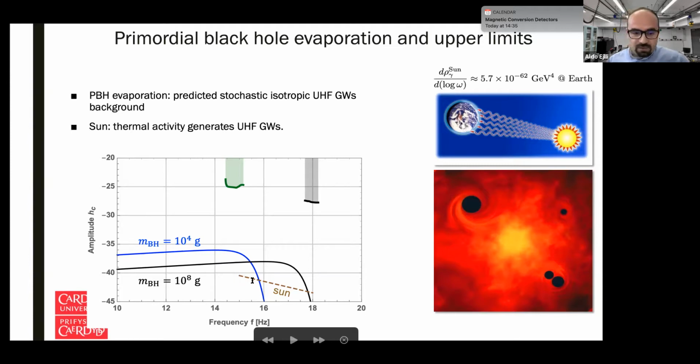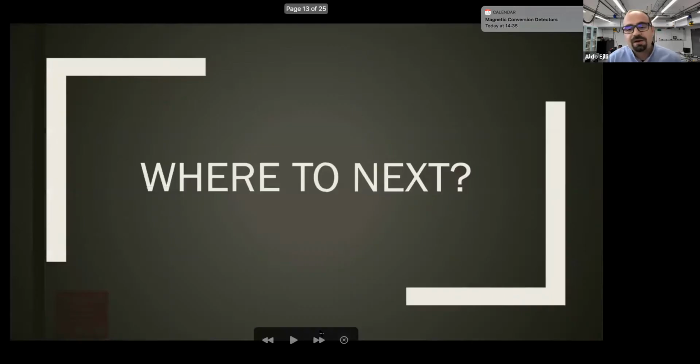And here is an assumption of what might be the gravitational wave amplitude of gravitational waves produced by the sun. As we can see, these are orders of magnitude from having meaningful sensitivity to rule out these models. And the big question now is where to next? So what are the perspectives towards this direction?